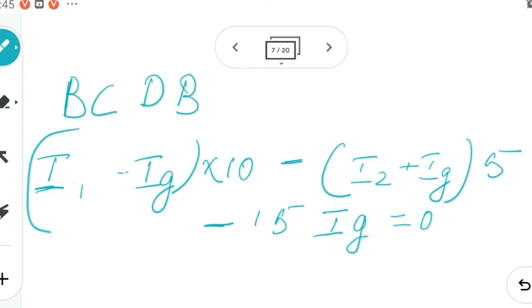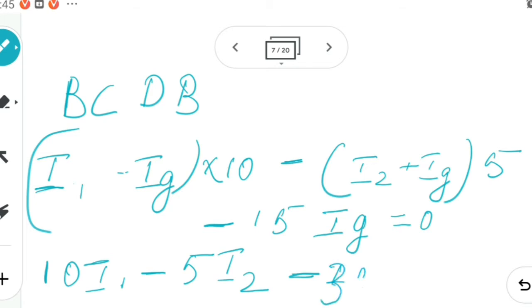So simplifying, we have 10 I1 minus 5 I2 minus 30 Ig is equal to 0.